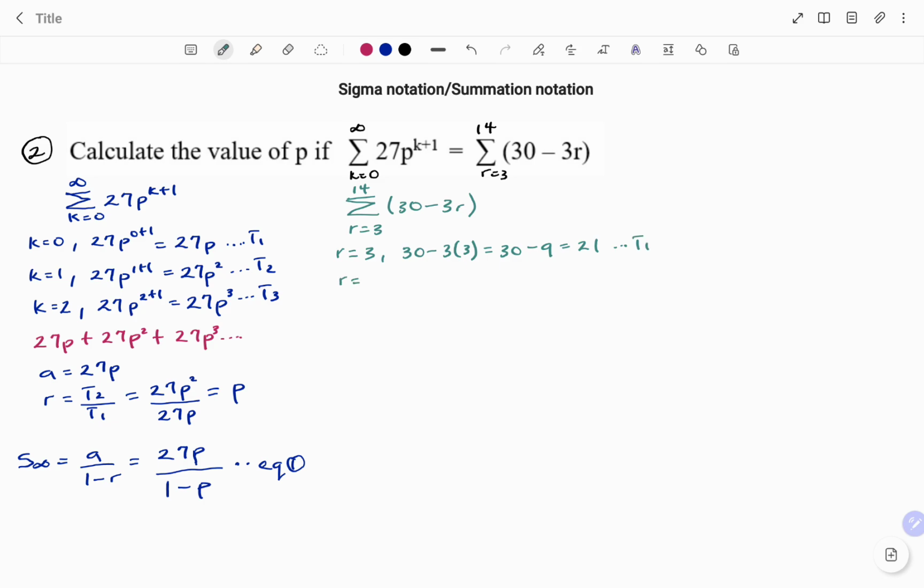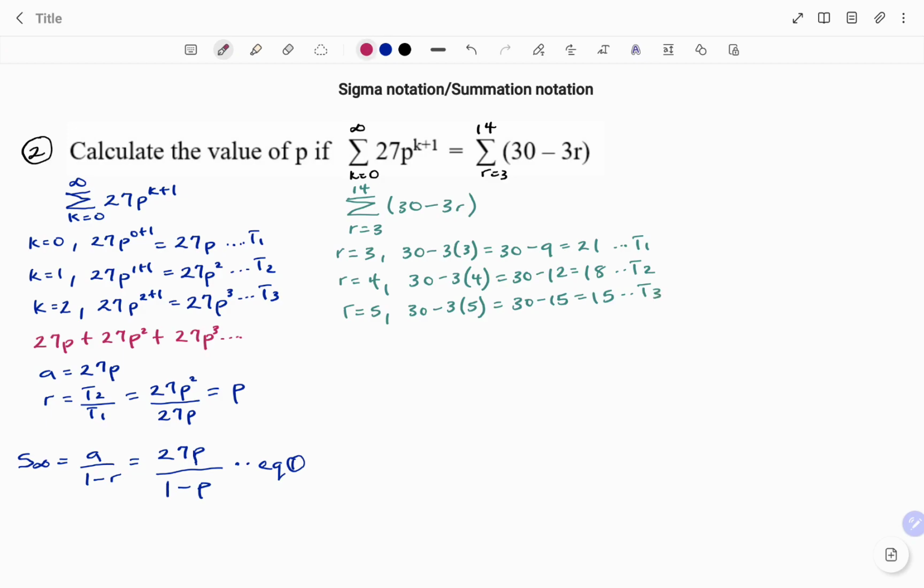If r equals 4, we have 30 minus 3 times 4. That will be 30 minus 12, and the second term will be 18. That's t2. We need one more term. That's r equals 5. We have 30 minus 3 times 5, which will be 30 minus 15. That's equal to 15. That's t3.